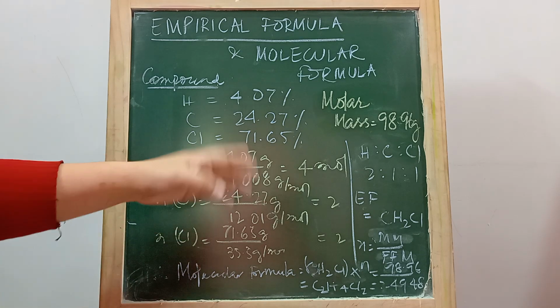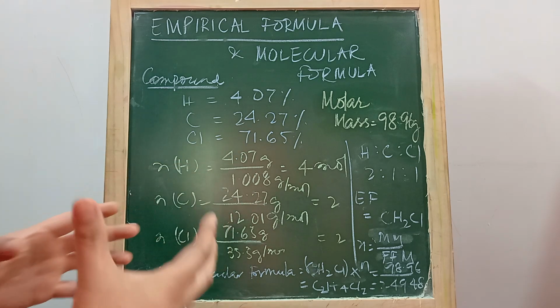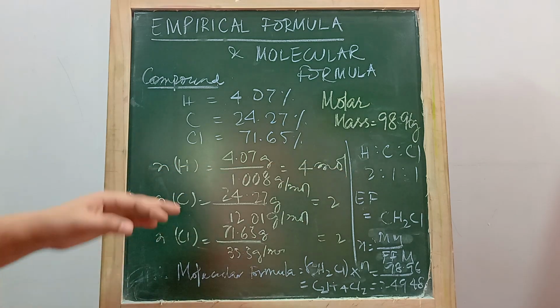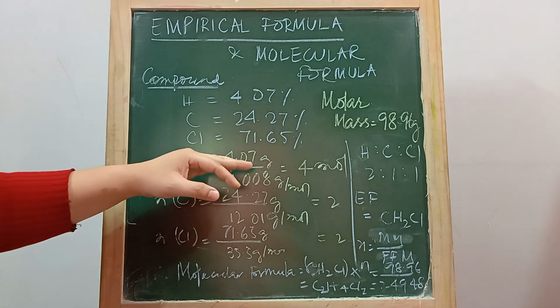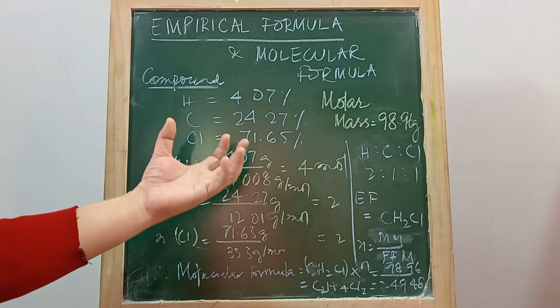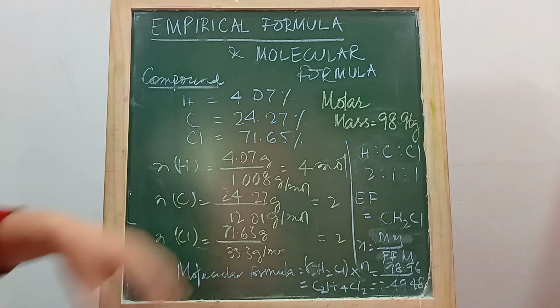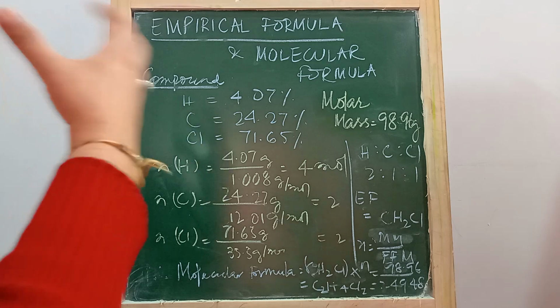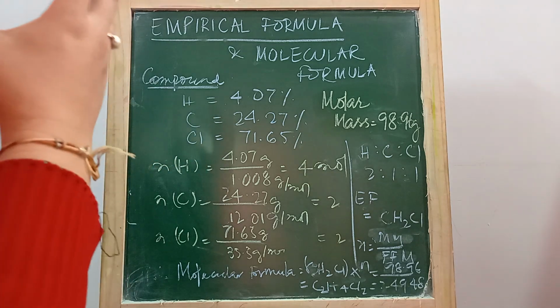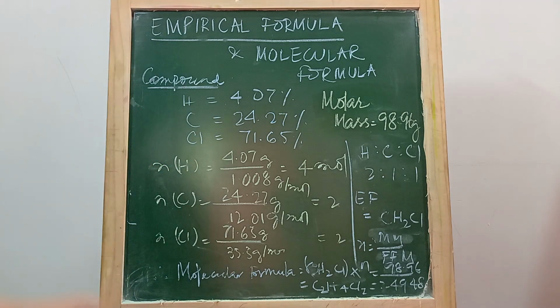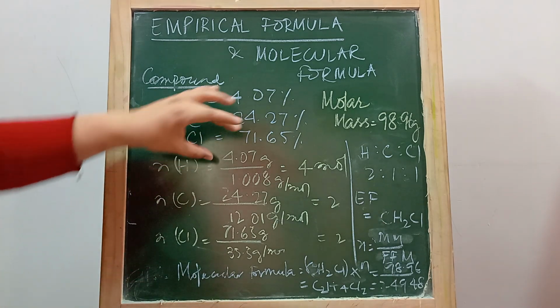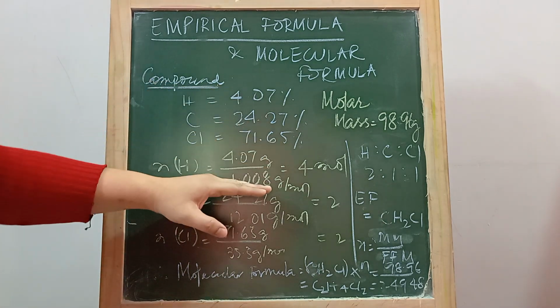So whenever you want to calculate the number of moles of a substance, you divide the given mass of the substance by the molar mass, and you will get the number of moles. But try to understand it instead of just trying to memorize the formula. In many textbooks it's given that the number of moles can be calculated by dividing the given mass by the molar mass.